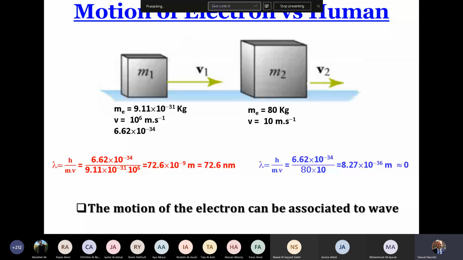We proved later that the motion of these electrons can be associated to a wave where lambda of the wave is equal to h over the mass of the electron times the speed. So if we have different electrons in the atom, the speeds of these electrons are different, but the masses of these electrons are equal.